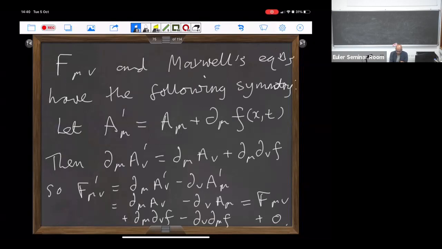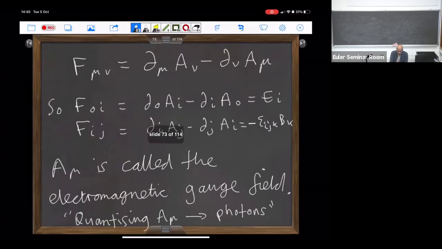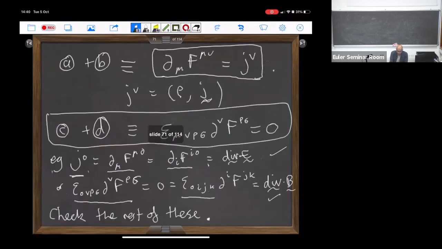Okay, now F mu nu and therefore Maxwell's equations, we've now, with this F mu nu, rewritten all of Maxwell's equations in terms of derivatives of F mu nu.